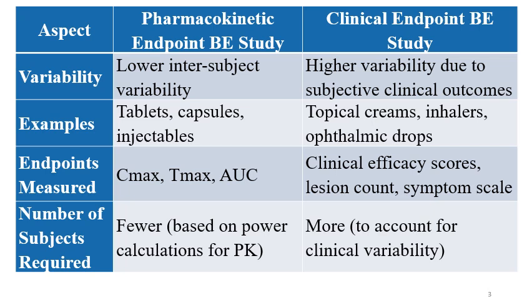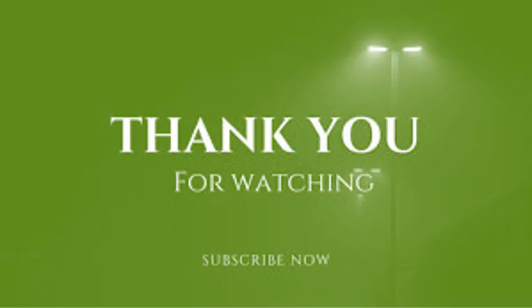So how can you show that the product is equivalent? If you cannot show the equivalency by a PK study, then you need to show it through clinical endpoints, through the relief of symptoms, reduction in the symptoms. This is the basic understanding of pharmacokinetic BE studies and pharmacodynamic or clinical endpoint BE studies.